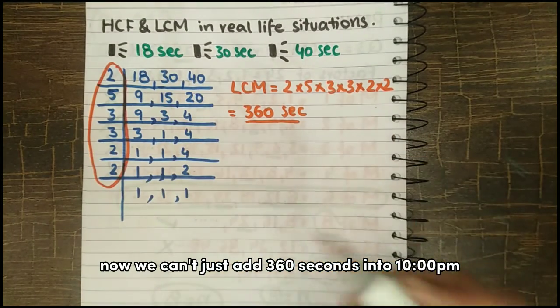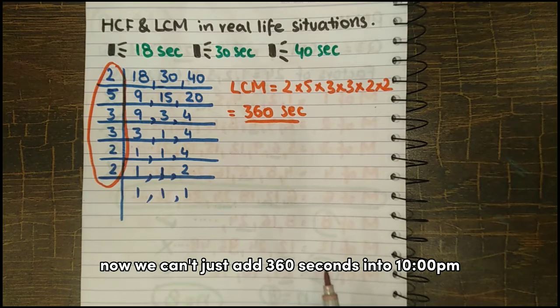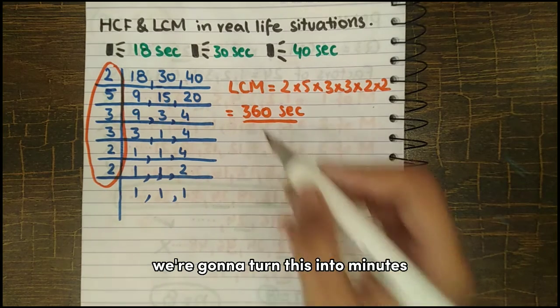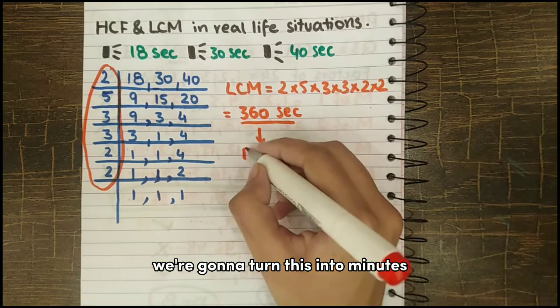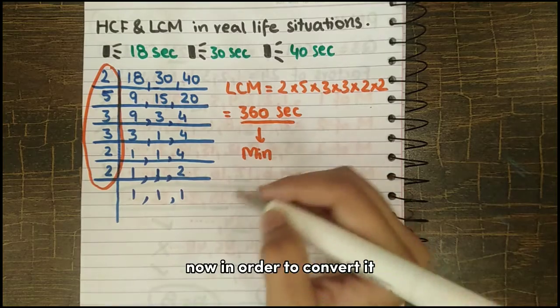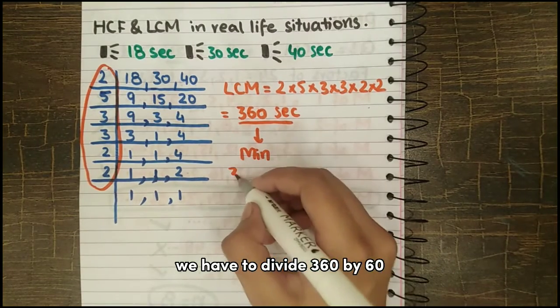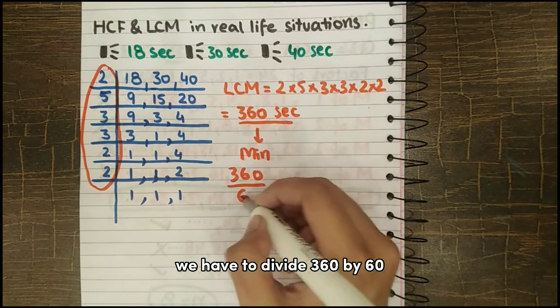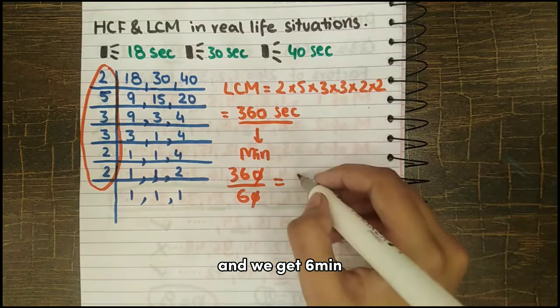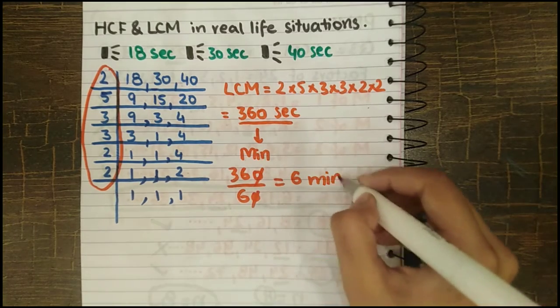Now we can't just add 360 seconds into 10 p.m. So what we're gonna do, we're gonna turn this into minutes. In order to convert it, we have to divide 360 by 60 and we get 6 minutes.